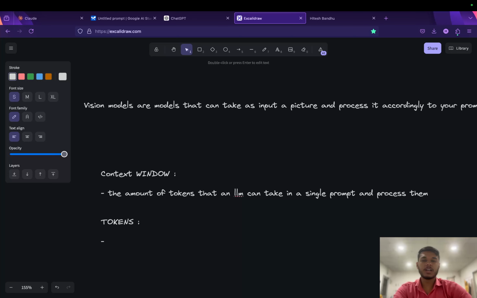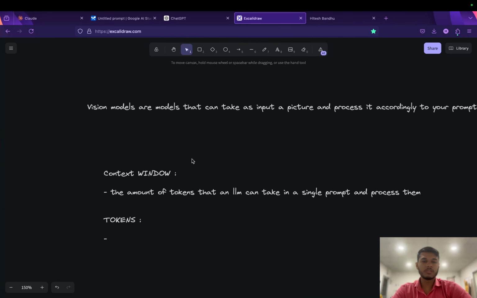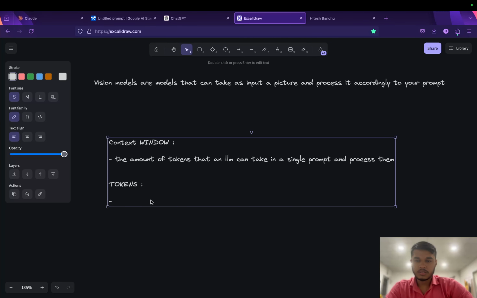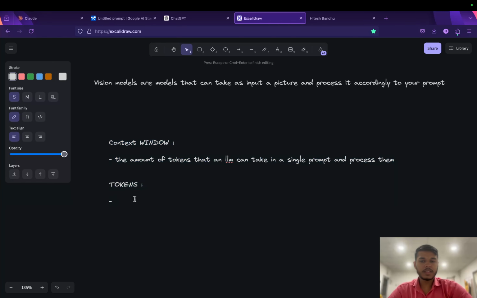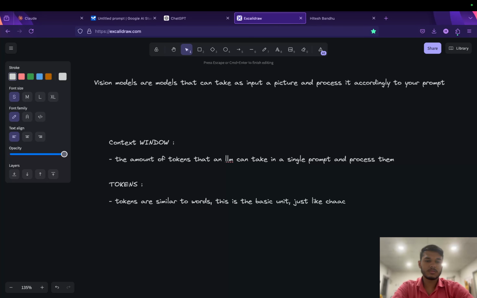In a very vague term, I can explain it in a little greater sense, but we as humans, if I want to read, we can say tokens are similar to words. Okay, this is the basic unit, just like the characters in our language.